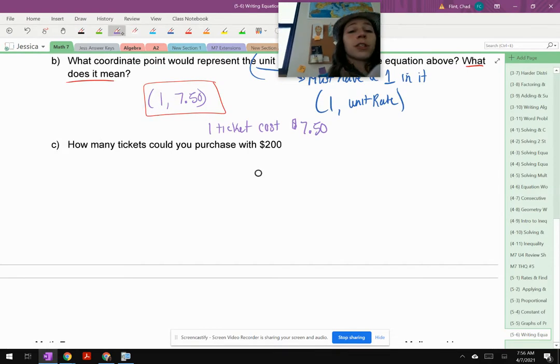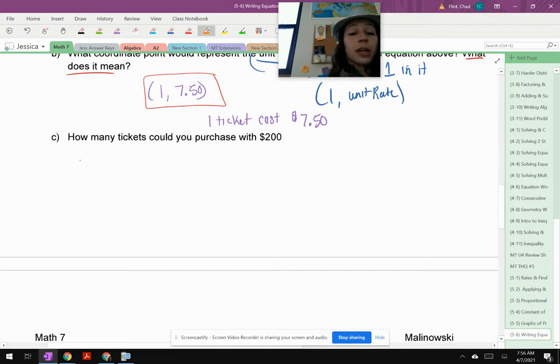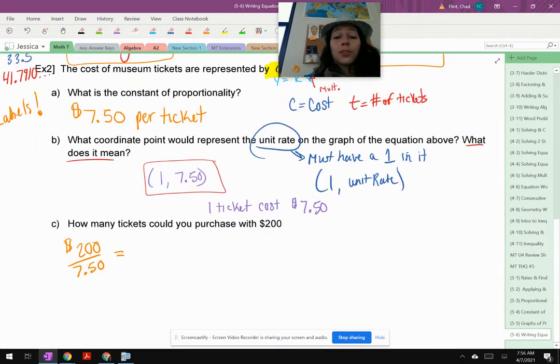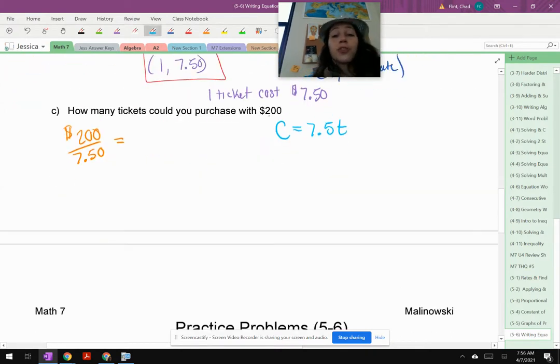So just like our first example, you can do this by just simply doing the division. If you have $200 and each ticket costs $7.50, do the division and find your answer. However, I need to show you using the equation because we're trying to play with equations more. So if I go back and use that equation, C equals 7.5t. 200, the label on that 200 is cost.